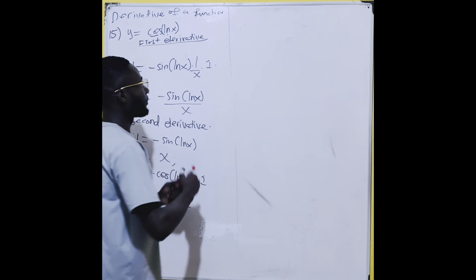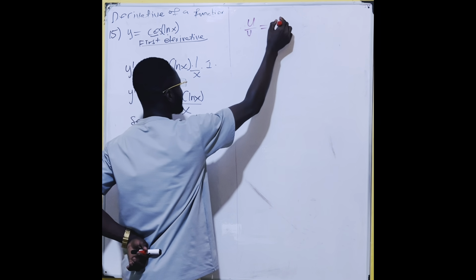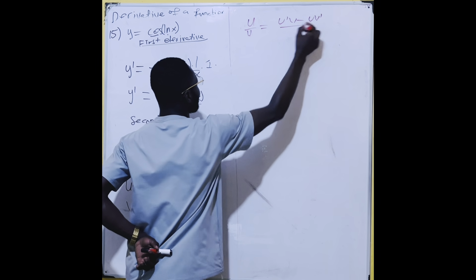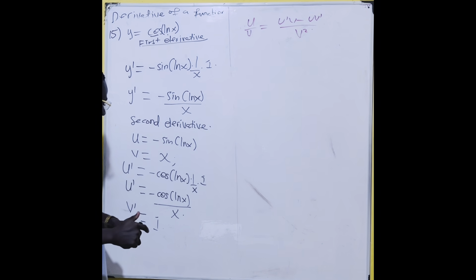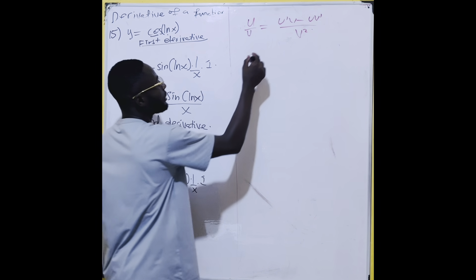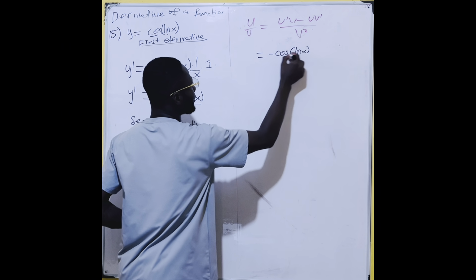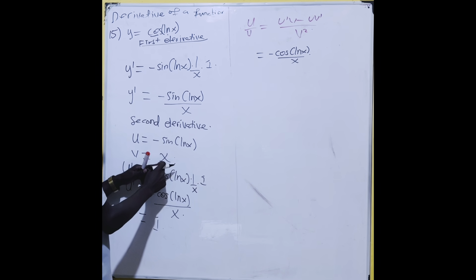So we have to apply our formula, (u over v)' equals (u prime v minus u v prime) divided by v squared. We know our u prime to be negative cos of ln x divided by x, times our v, which is also x.